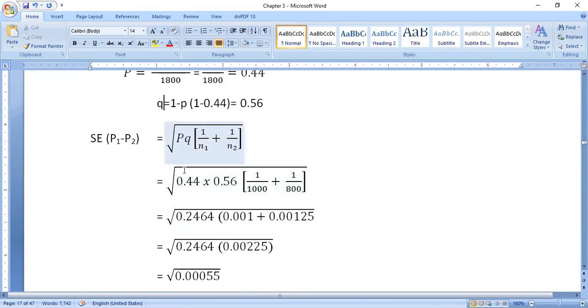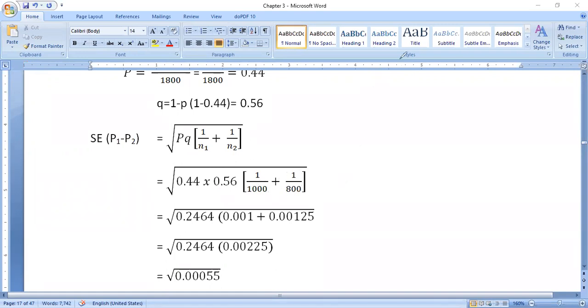Here the P value is 0.44 into the Q value 0.56, then 1 by N1 value is 1000 plus 1 by N2 value is 800.